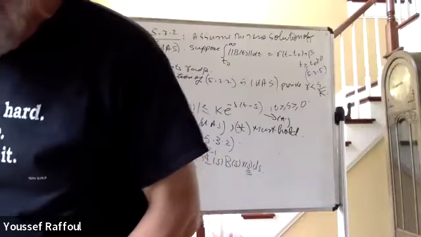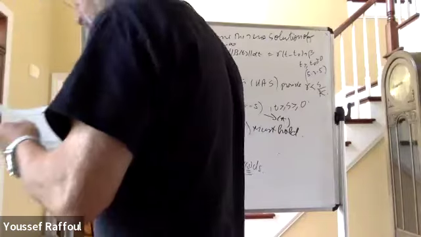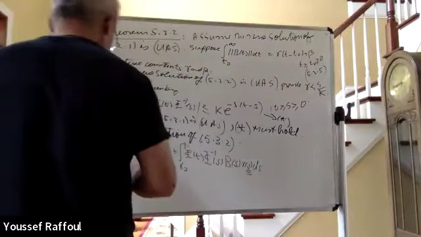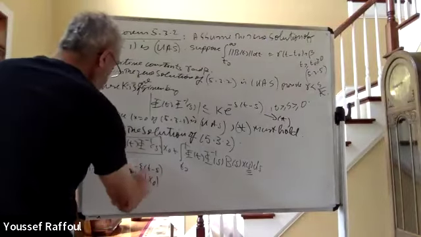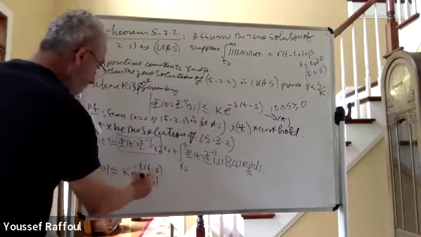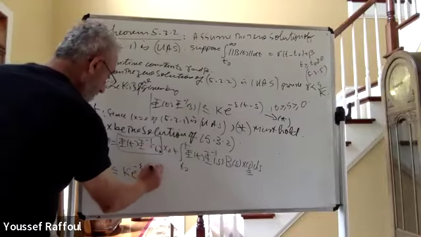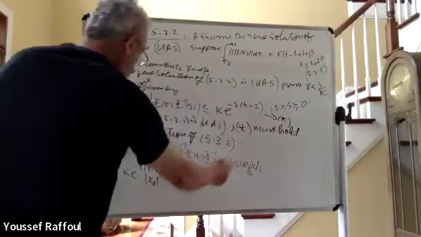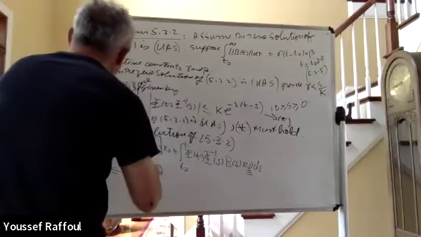So we have this one. Oh, sorry, this is t naught. And so this will be t minus t naught. s will be here. Okay?